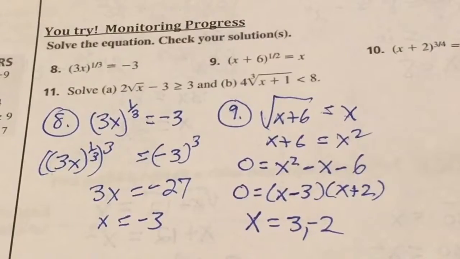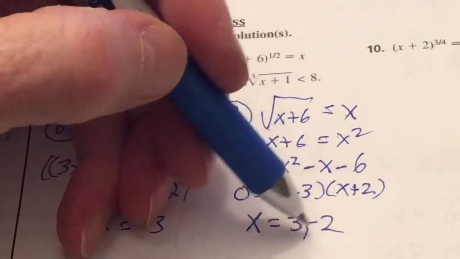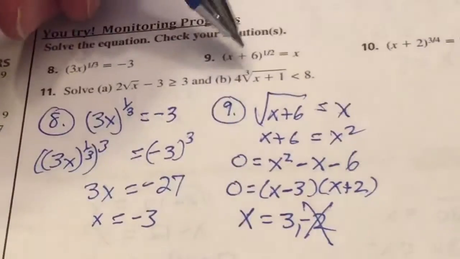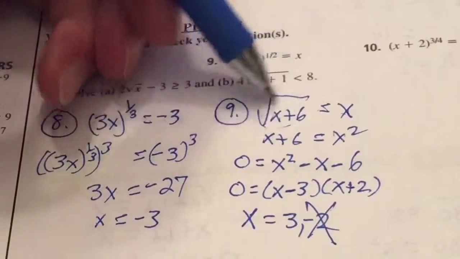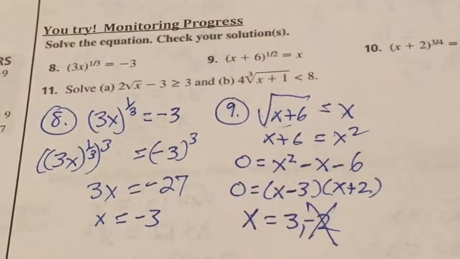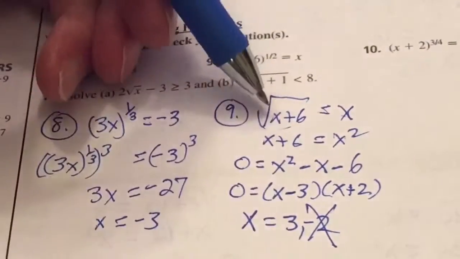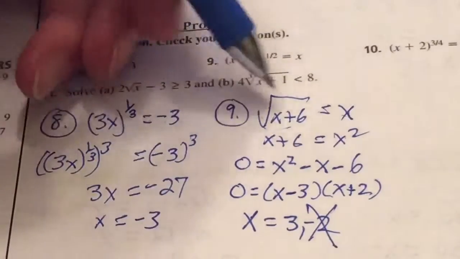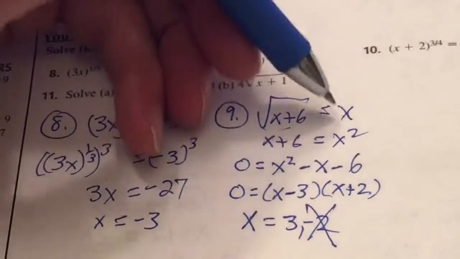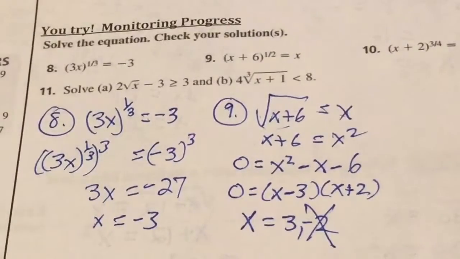And we should check those, and I can see right away that this -2 is not going to work because you can't have a square root of something turn out negative. But 3 plus 6 is 9, square root of that is 3, and that's what we would have over there. So that works.